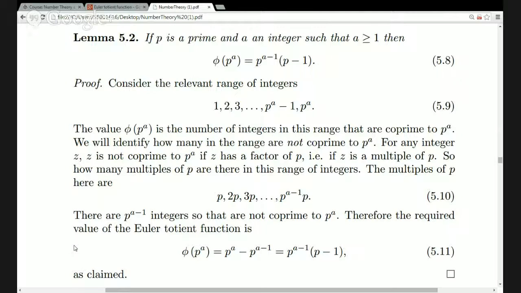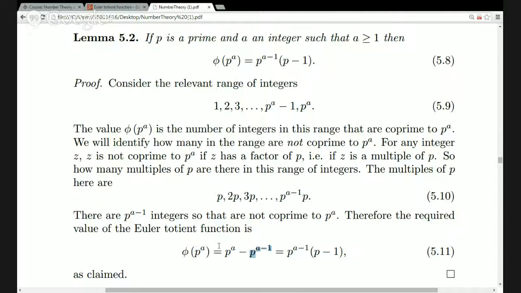So the number of things that are left is simply the number of things that were here to begin with, which is p to the power a minus p to the power a minus 1. Okay? Because this number p to the a is the number of numbers in the list to begin with, and we're chucking out this many, which are not co-prime to p to the a, and there's p to the a minus 1 of them.